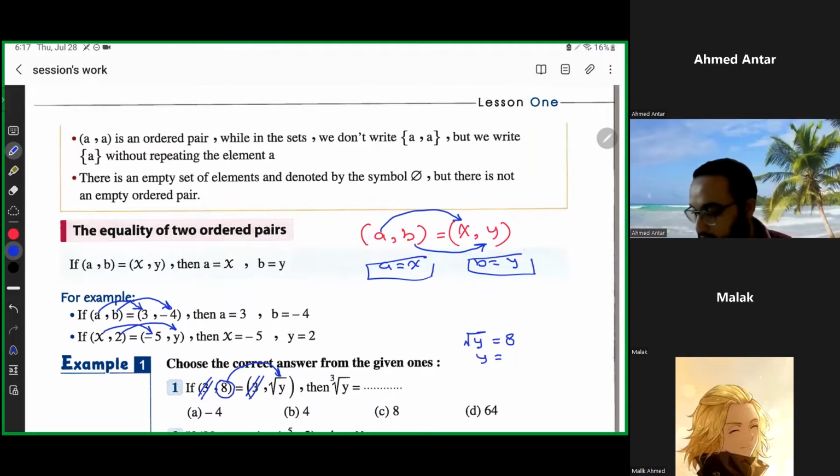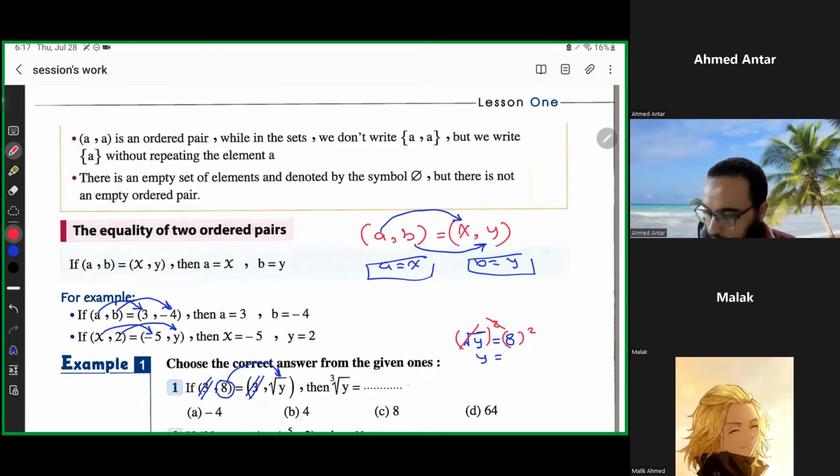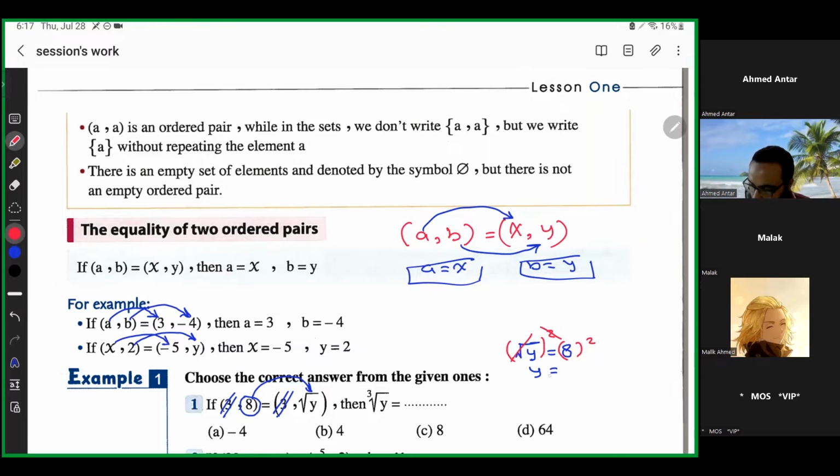If you wanna get rid of the square root, then you will make a power of 2 for the square root of Y and also a power of 2 for the 8. Because the power of 2 will delete the square root and the Y will remain. So right now it's 8 power of 2 on the other hand side, which is 64. So Y equals 64, correct?